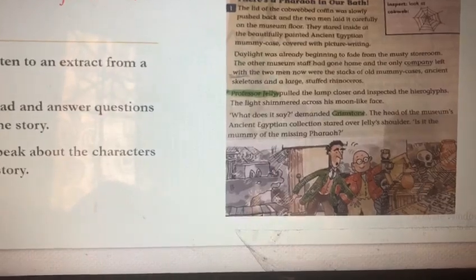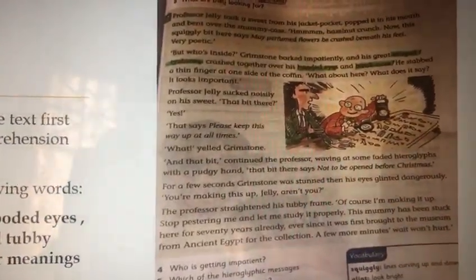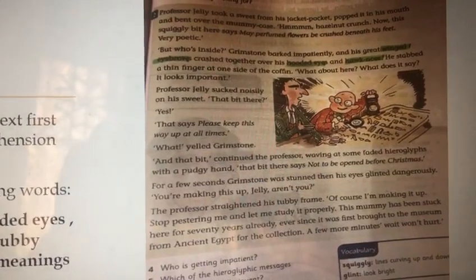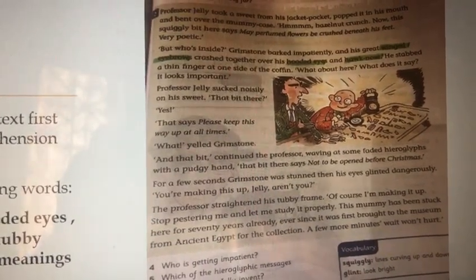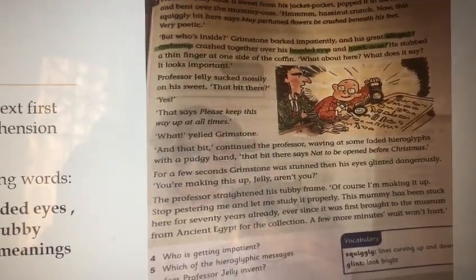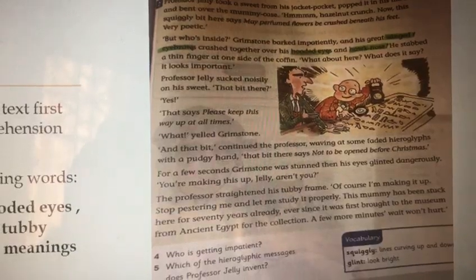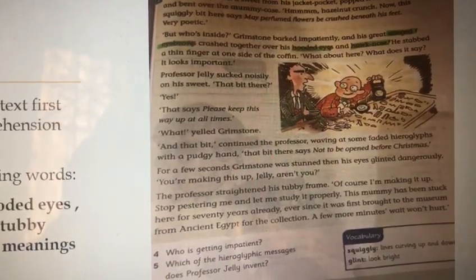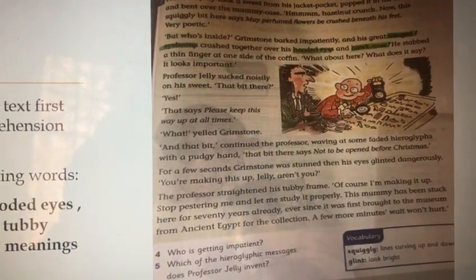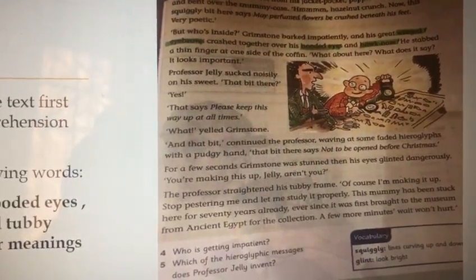Okay, move to part 2, paragraph 2. "But who's inside?" Grimston barked impatiently. So, Grimston has winged eyebrows, hooded eyes and a hook nose. These are his characteristics, or his appearance features.